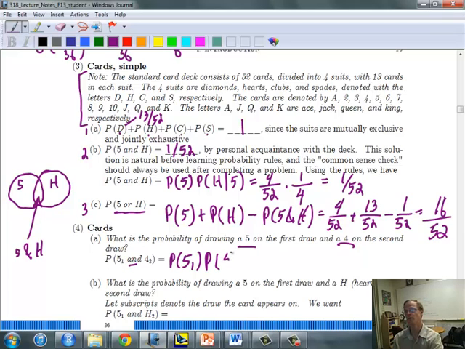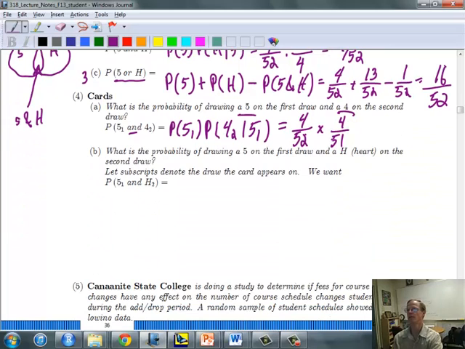We're going to do 4 on the second draw, but it's given that there's already a 5, so we know we have 4 out of 52, and then given that we've drawn a 5 out, we're now missing one of those cards in the deck, but there's still 4 4s, so that's a sufficient answer. Could be simplified, but in probability, it's nice to leave things plain.